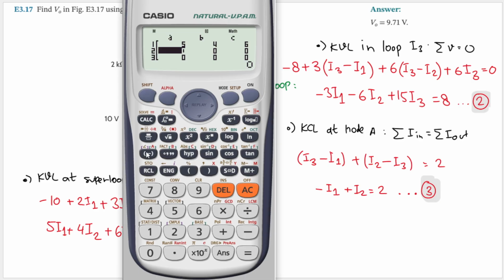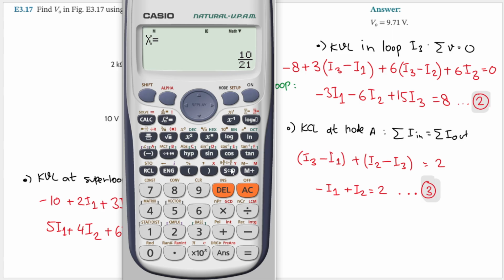Then minus 3, minus 6, 15, and 8. And now minus 1, 1, 0, and 2.